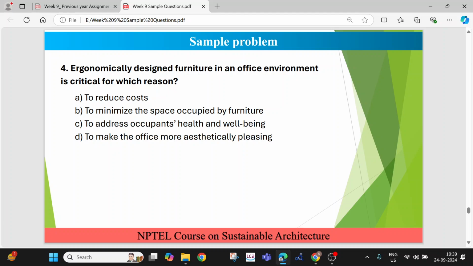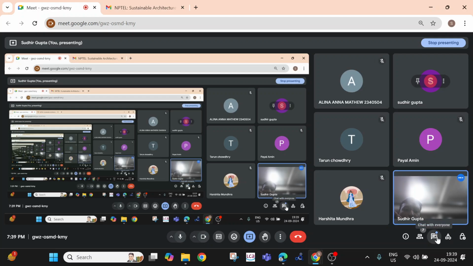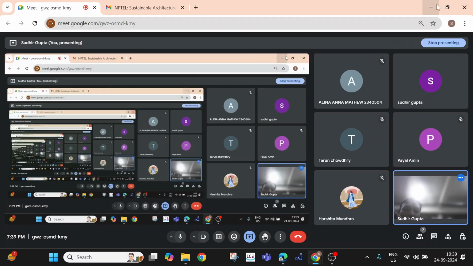Option C. Okay, let's wait for others also. Tarun is also saying C. Fine. What about others?